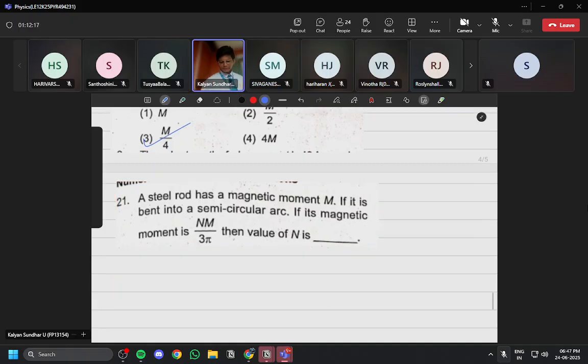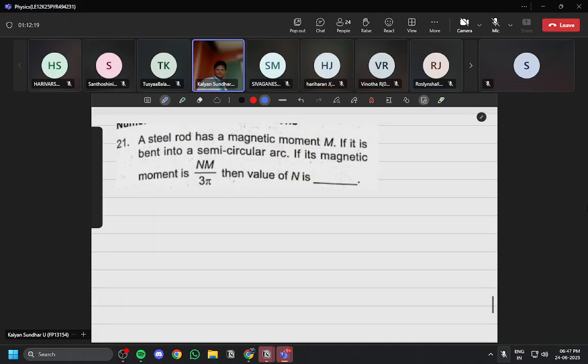A steel rod has a magnetic moment M. If it is bent into a semicircular arc, its magnetic moment is NM by 2 pi.